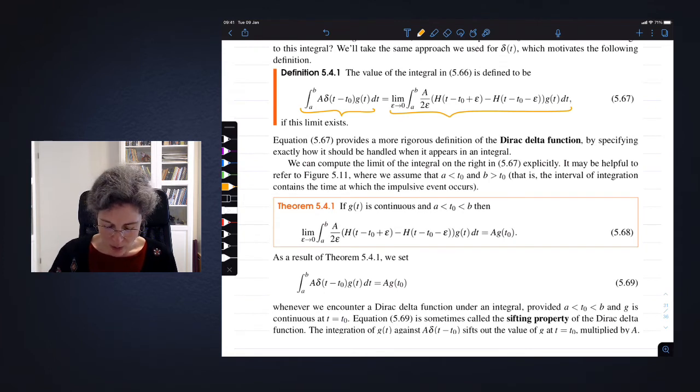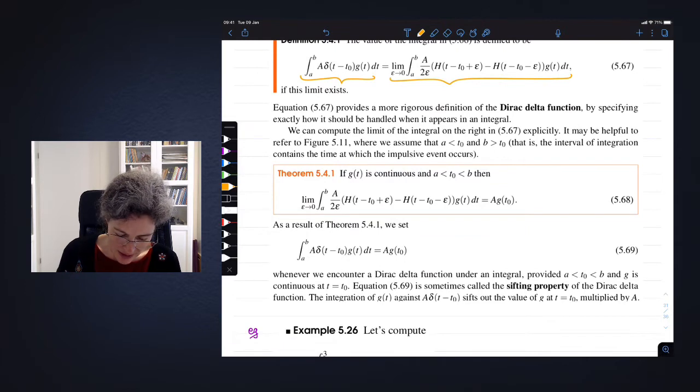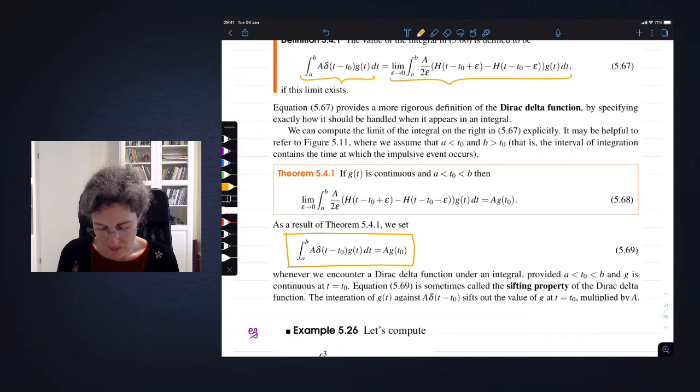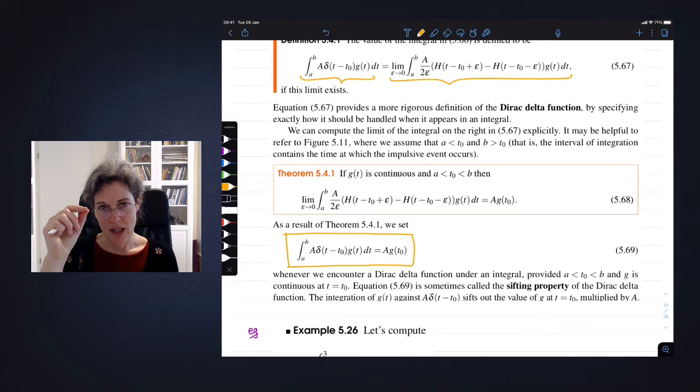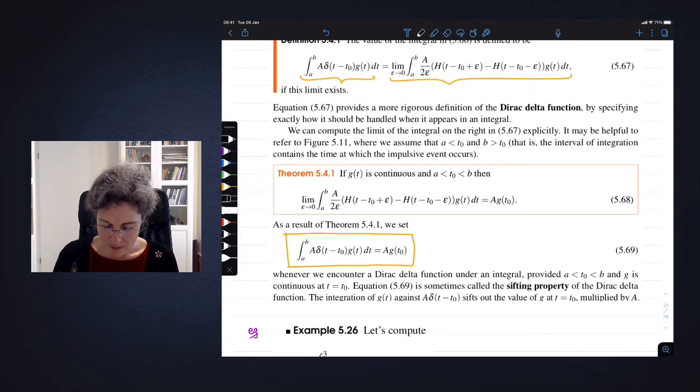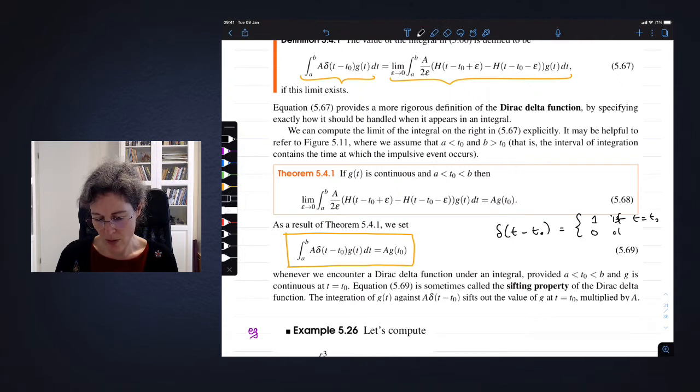The place that we want to get to is actually this equation over here, which is exactly what you might expect. Remember, our delta function just picks out the value of 1 when whatever's inside the delta function is equal to 0. So for example, delta of t minus t0 is equal to 1 if t is equal to t0, 0 otherwise.